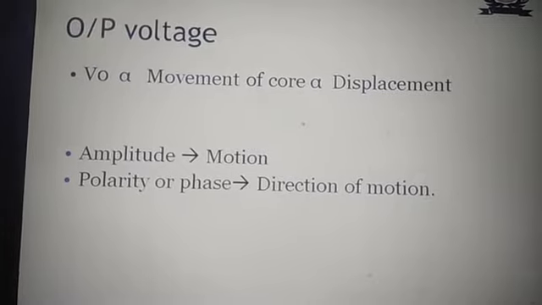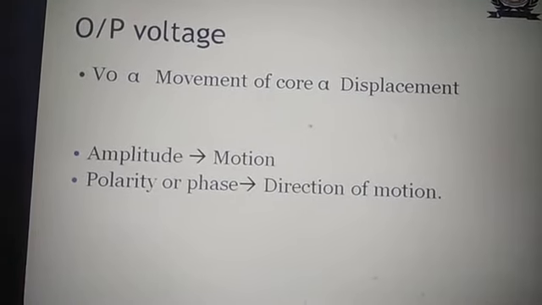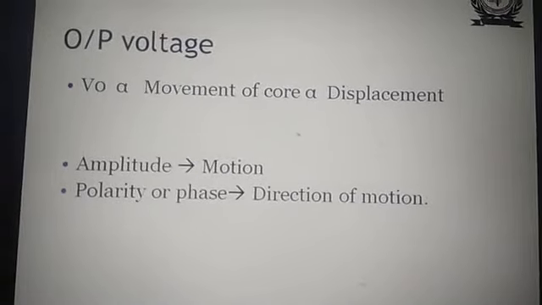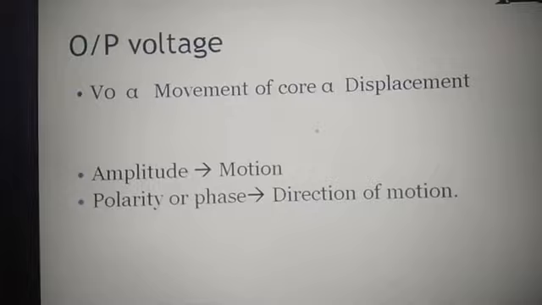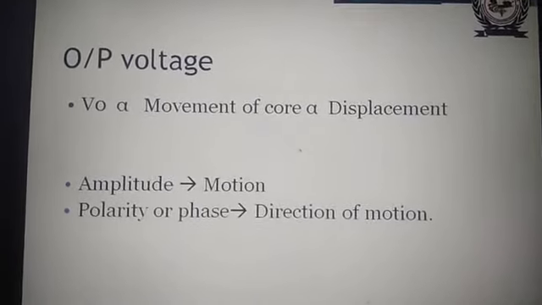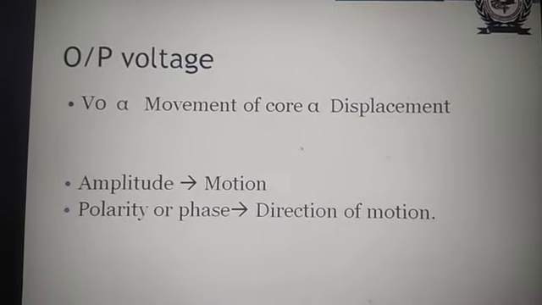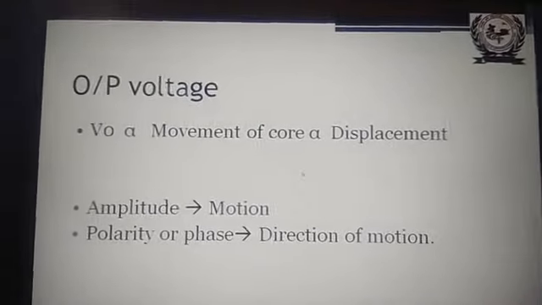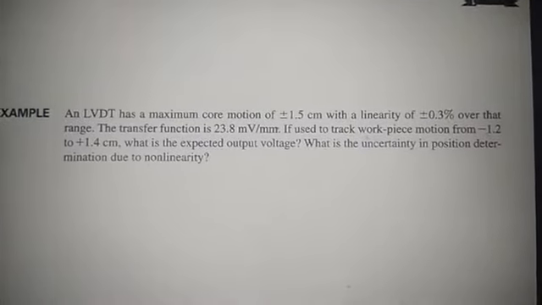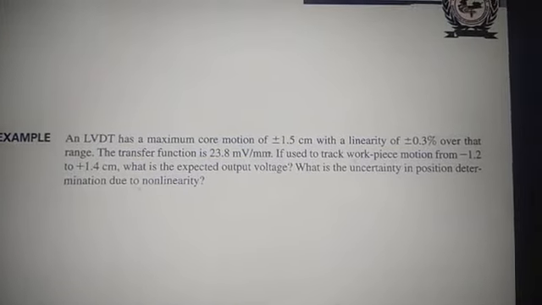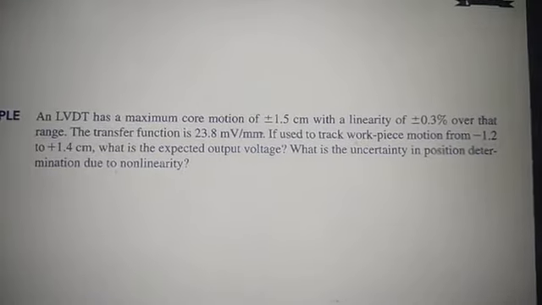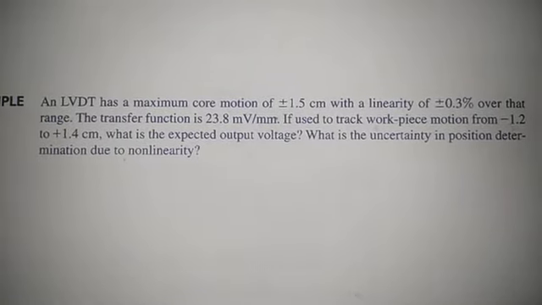So amplitude is produced due to motion, and polarity of phase is due to direction of the motion, whether it is moving towards the left or towards the right. So that will produce the polarity of phase, whether it is in phase or out of phase, just as we have seen in the previous diagram. So this is the operation of the LVDT we have seen, and this is a simple example on LVDT.